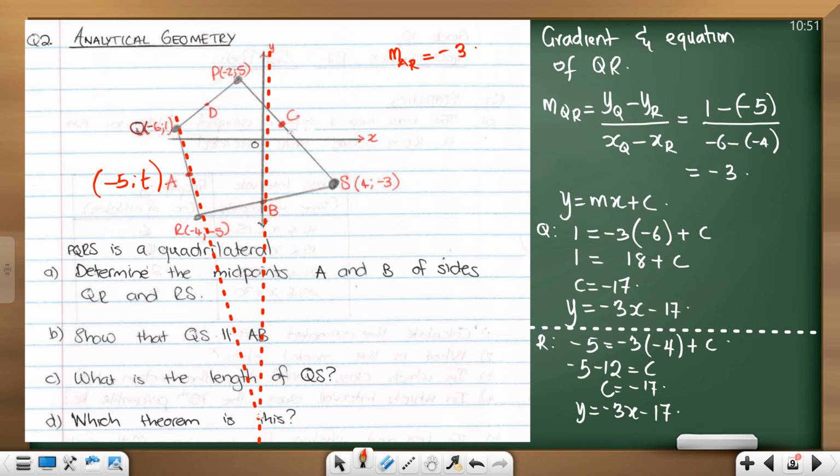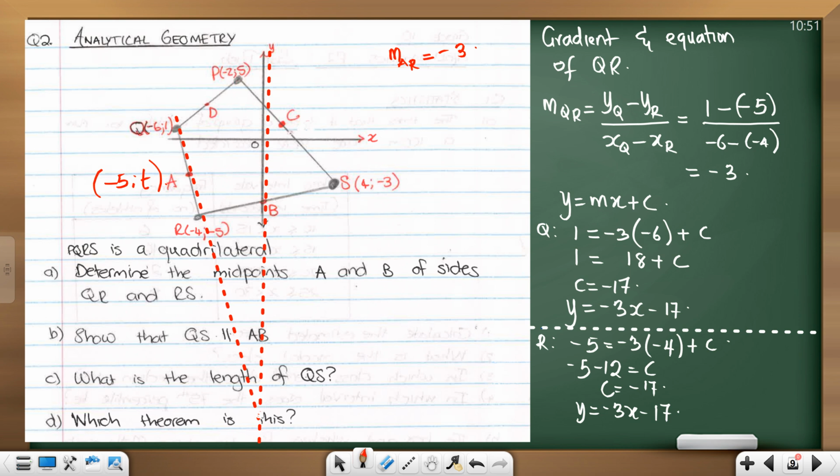We have an equation. Good, we have the equation. Y equals to what?